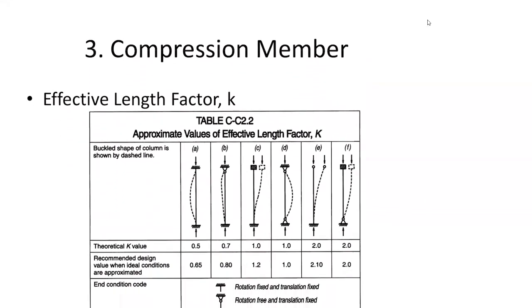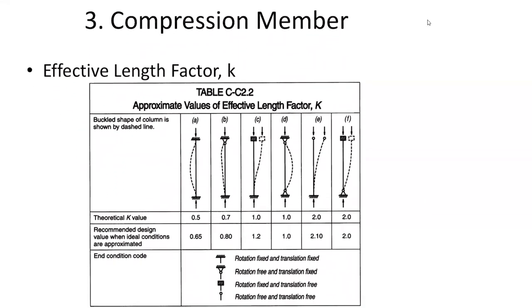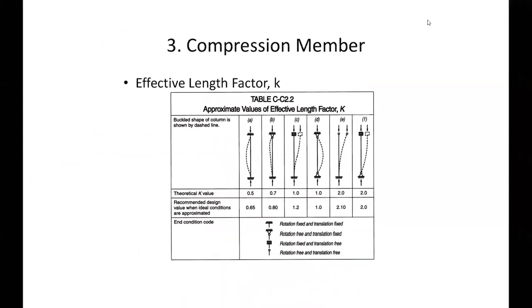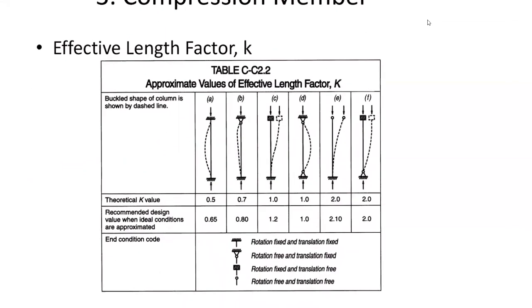This will give you a clear indication that if it's a typical case, this one you see, pin, pin, it's a basic sine curve. And the K value becomes 1 because the length of the member is equal to the length of the sine curve.